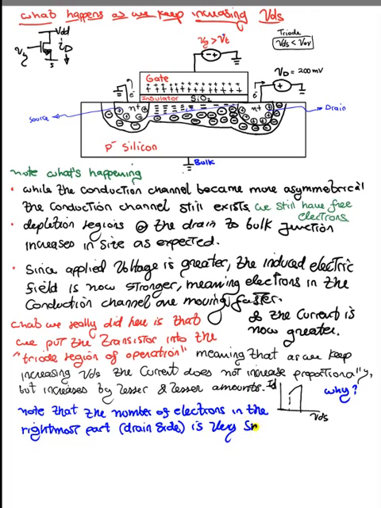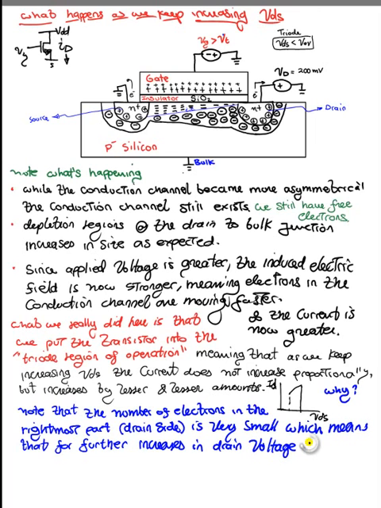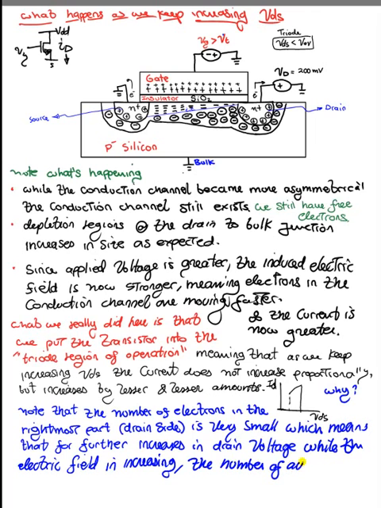Which means that for further increases in drain voltage, while the electric field is increasing, the number of available electrons is decreasing, and therefore we get very little increase in current for further increases in drain to source voltage.